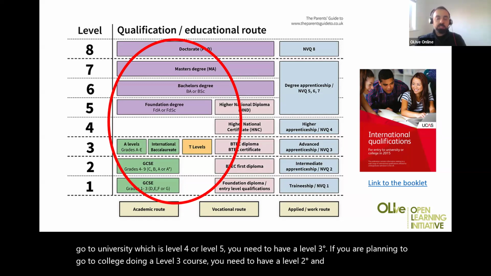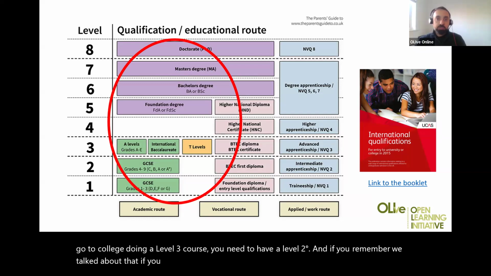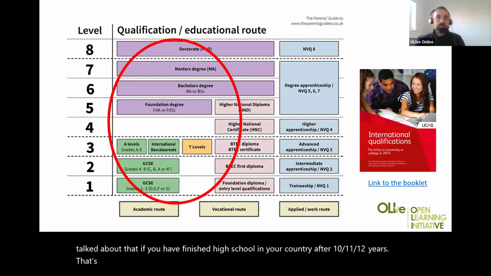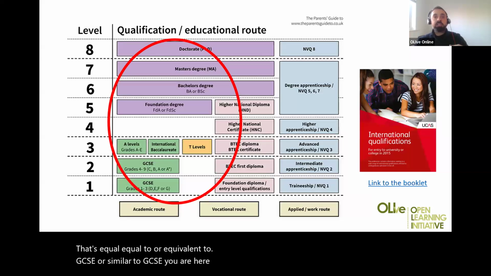And if you remember, we talked about that if you have finished high school in your country after 10, 11, 12 years, that's equivalent or similar to GCSE. You are here at level 2. You need to start planning for level 3.